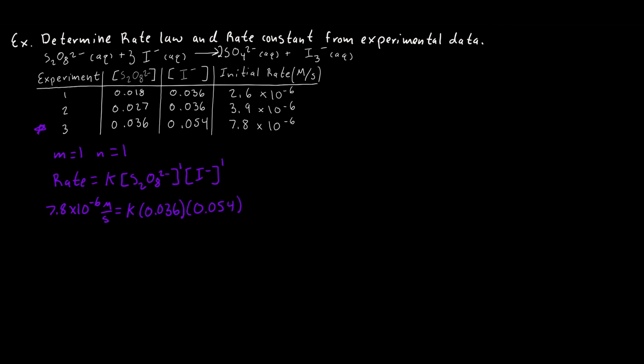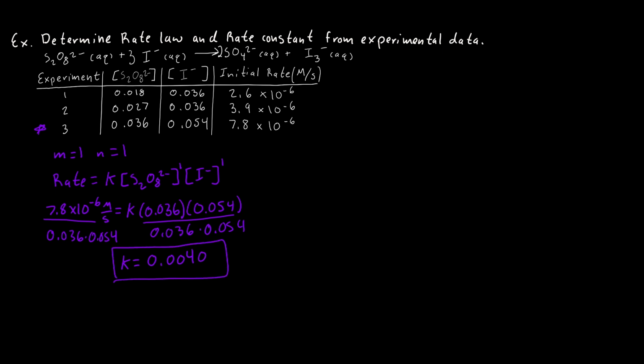And then we divide both sides by 0.036 times 0.054. And we see that K is equal to approximately 0.0040 with 2 significant figures. And then the units for that will be molarity to the negative first, seconds to the negative first.